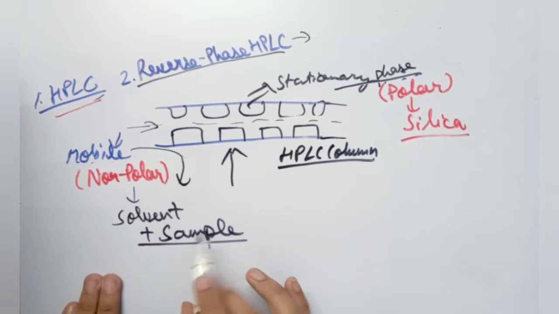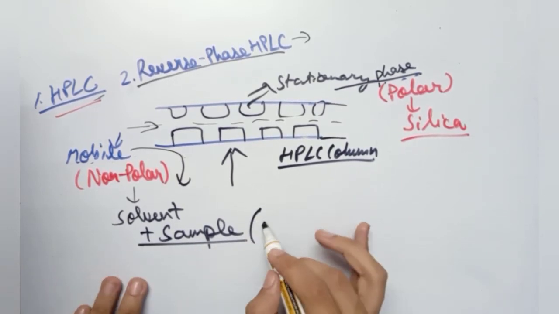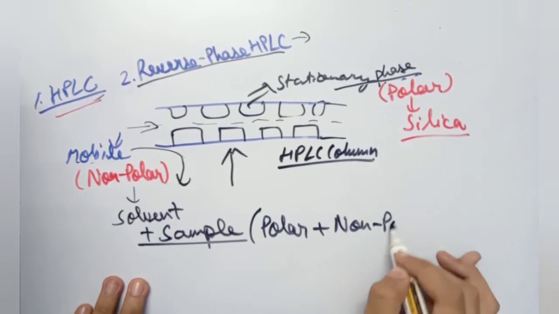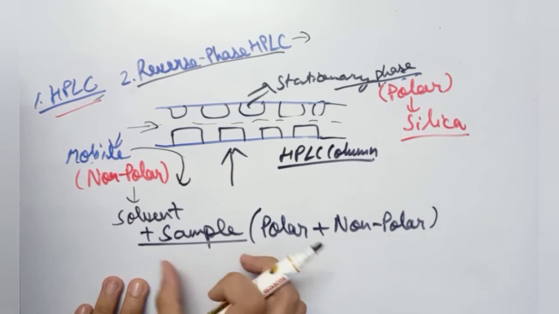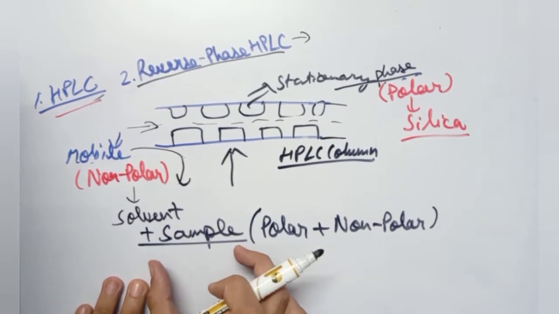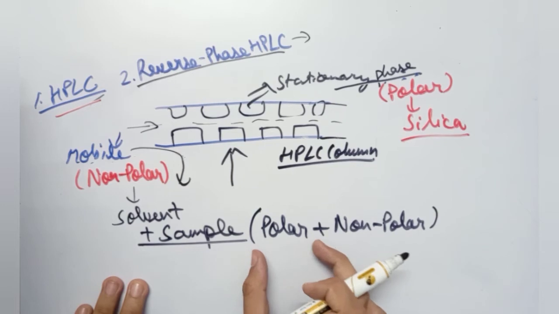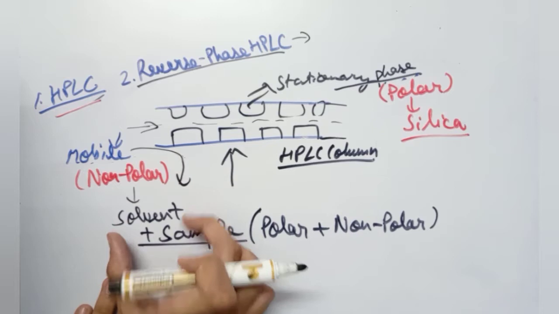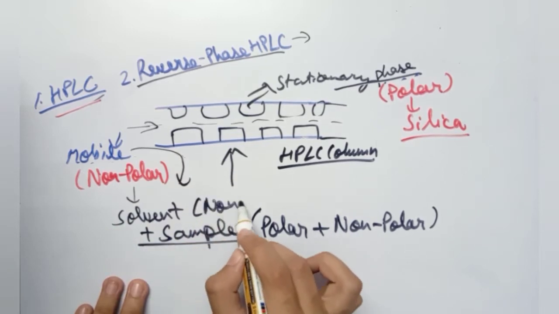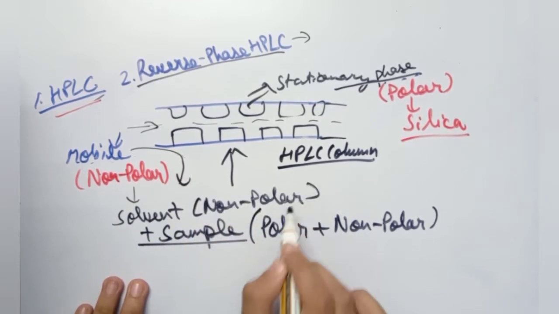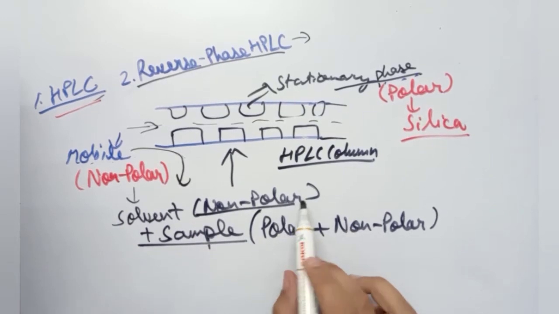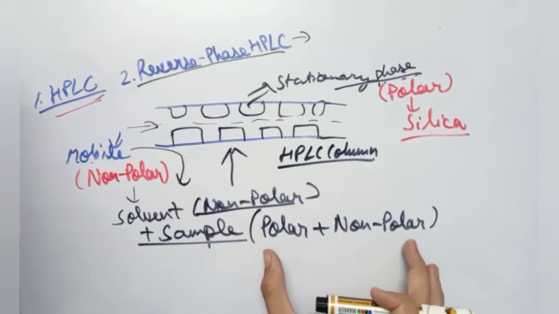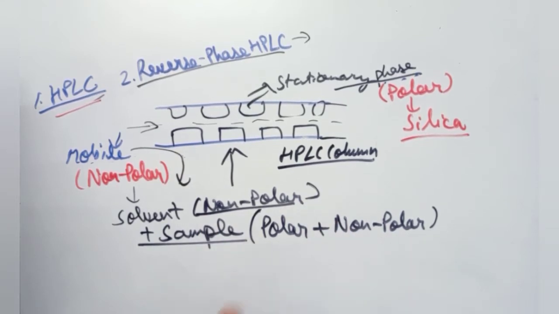The sample, any biological component, contains polar plus non-polar components. Now the sample gets mixed with the solvent, which is non-polar, so the non-polar solvent carries both the polar and non-polar components of the sample.